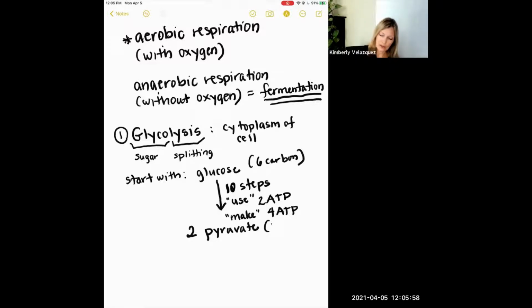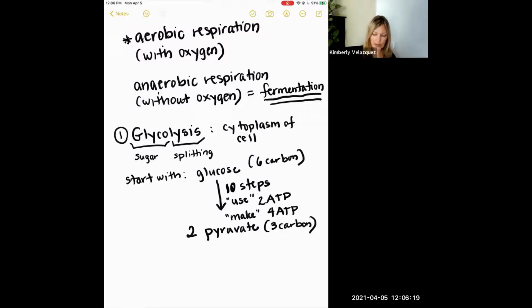And those are each 3-carbon molecules. We also do something really important during glycolysis, and that is that the electron carriers are going to start picking up hydrogens from that original glucose molecule.